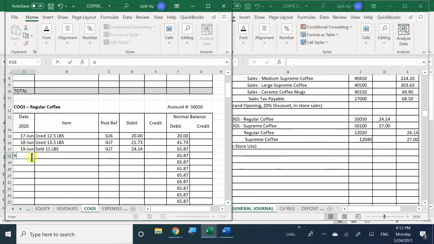We used 15, at $24.14, giving you a running balance of 90.01.